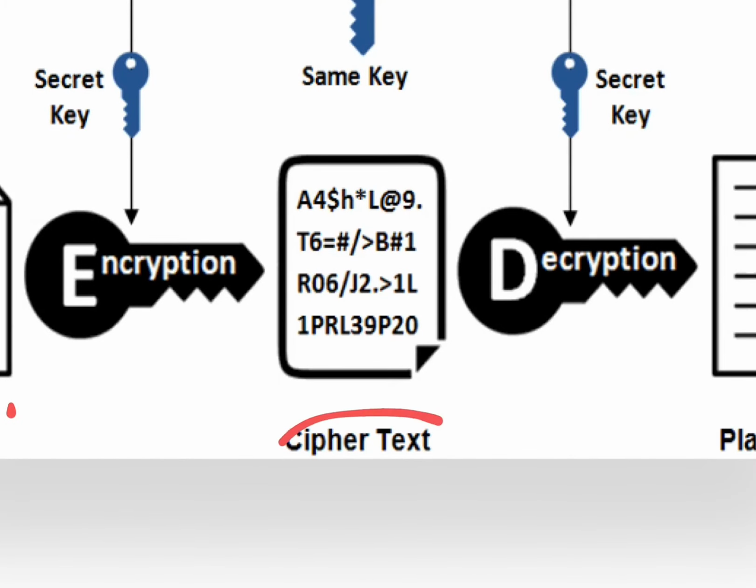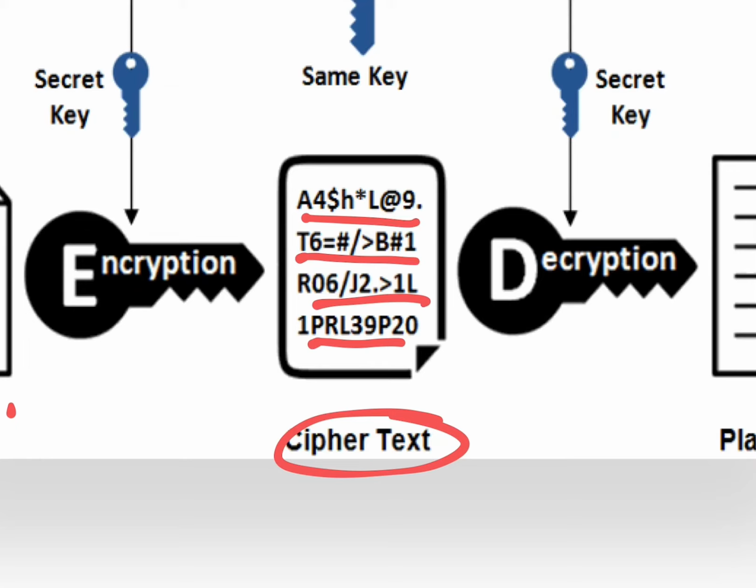If you see here, let me show you. This is a ciphertext. You can't read or understand this data. Even if an attacker tries to break this algorithm, he can't break it if we give a strong encryption. The ciphertext would be like this.